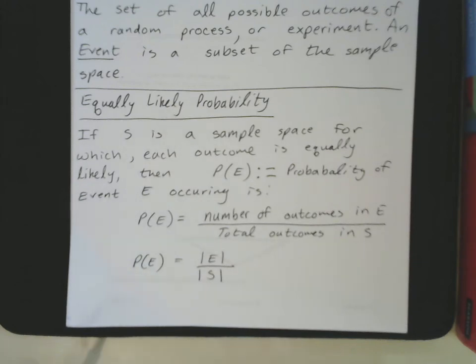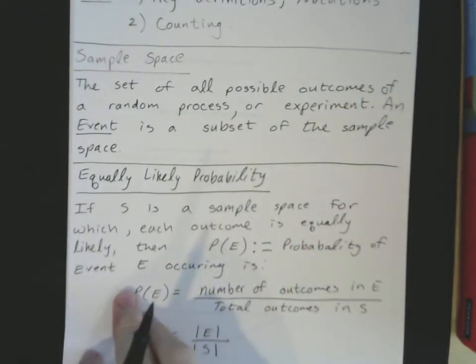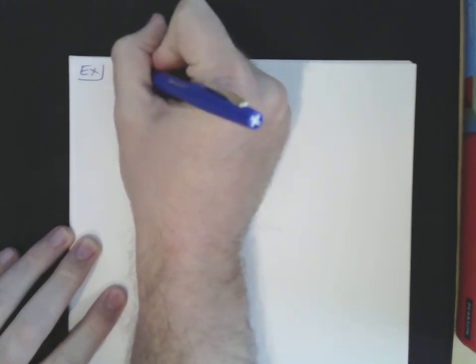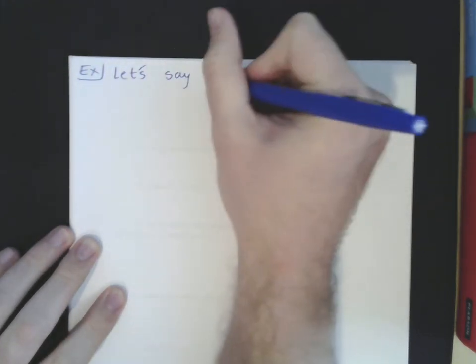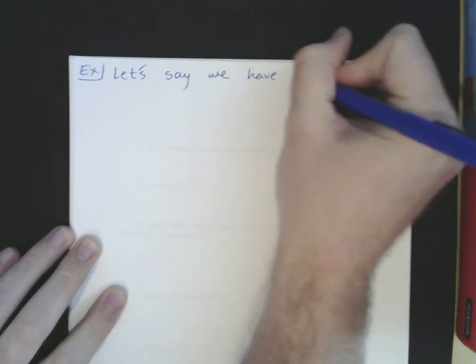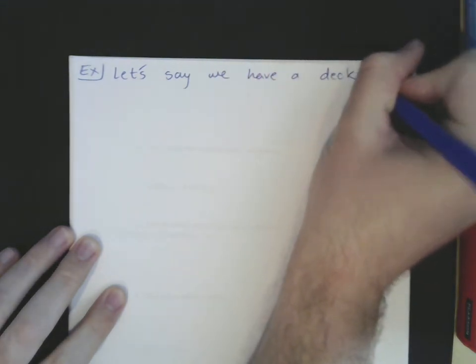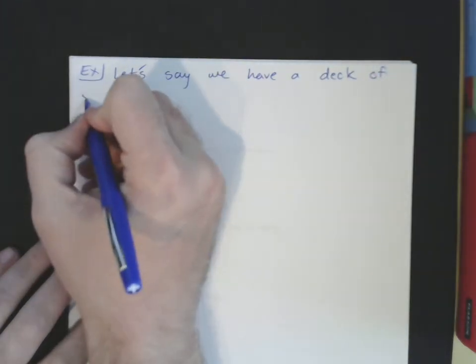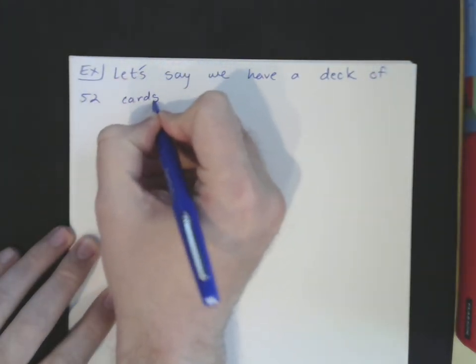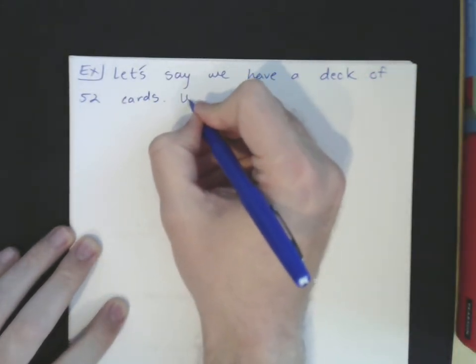That's essentially what classical probability is all about, is looking at those things that we know very well. So let's look at a different example just to kind of nail this home. Hammer this home. Nail it down. Those are the expressions. So let's say we have a deck of cards, a standard 52 card deck, and we are drawing 1 card.